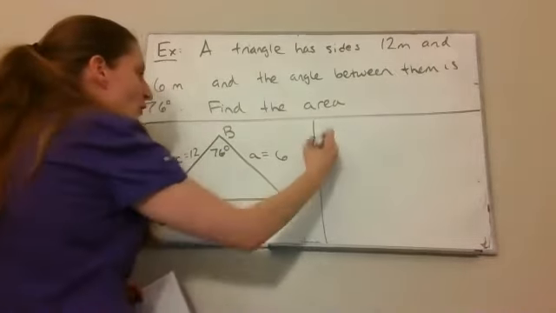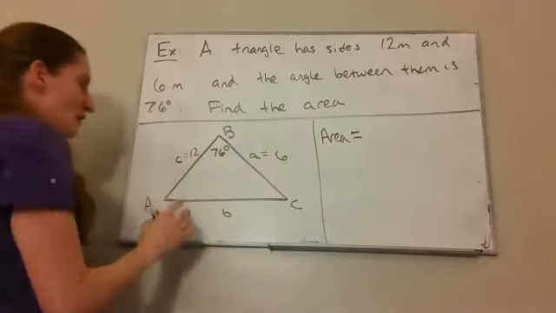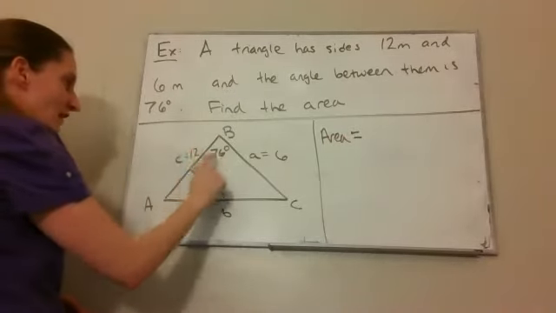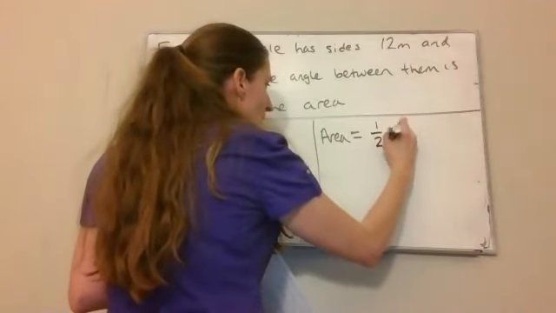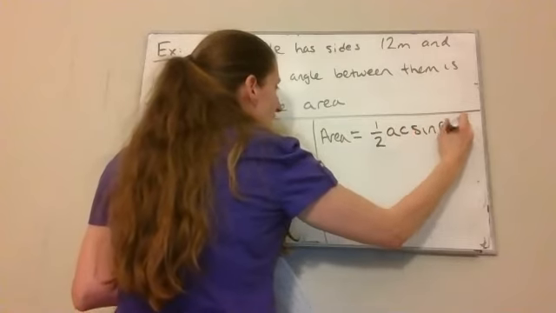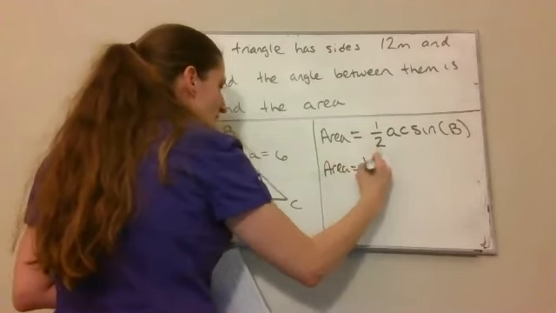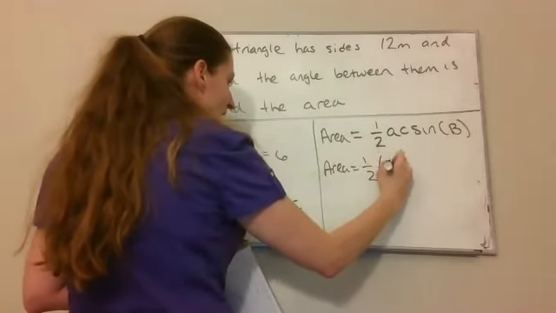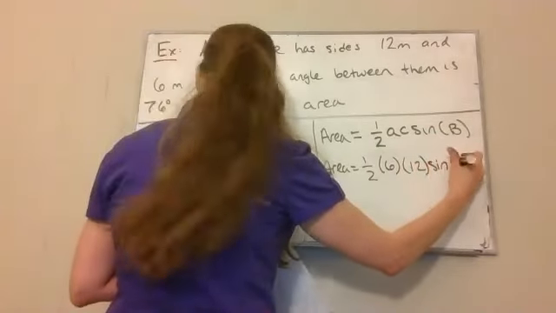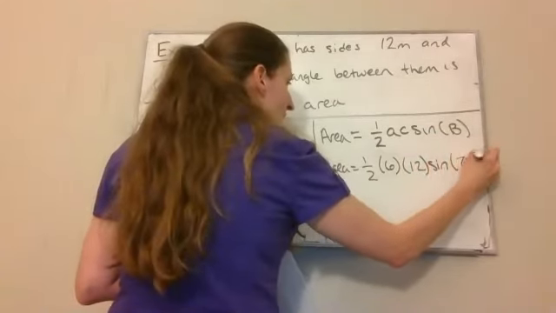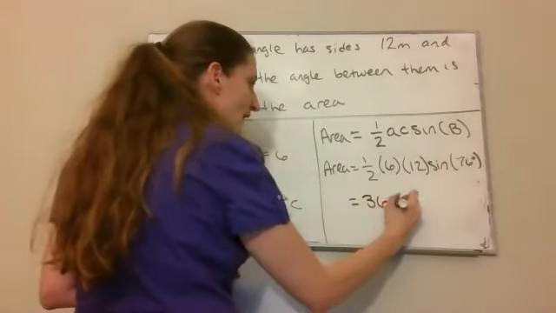Now, using my formulas, I'm going to be using the A, C, and sine of B, because that's the way I have my triangle laid out. 1/2 ac sine of B. So area is 1/2 times 6 times 12 times sine of 76 degrees. 1/2 times 6 times 12 is 36.